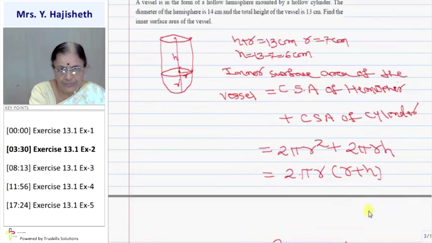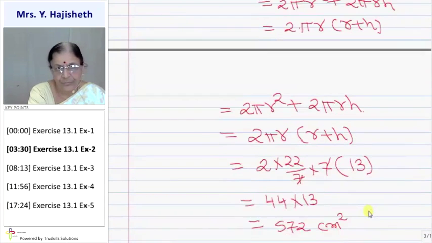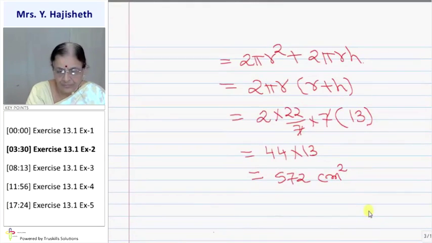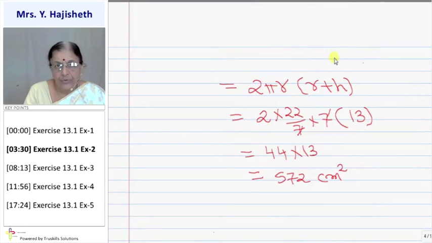Now put the value. 2 pi r, you have taken common, in bracket r plus h. So what you are going to get?